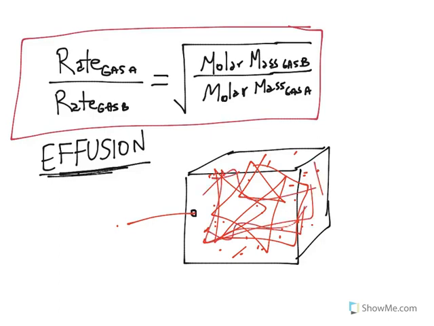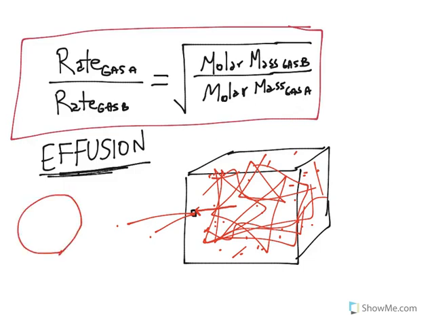They keep moving and colliding back and forth, and then another one escapes, and another. It has to perfectly hit a specific place to escape the container. The rate of effusion is basically how fast these particles escape a container.